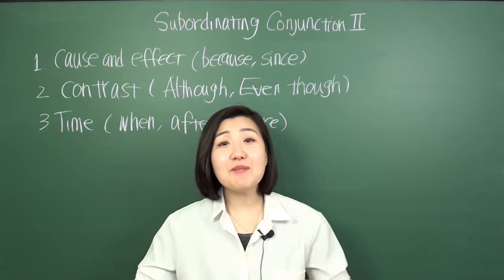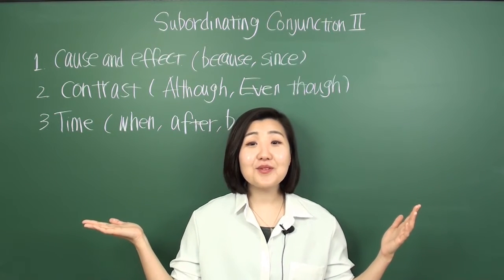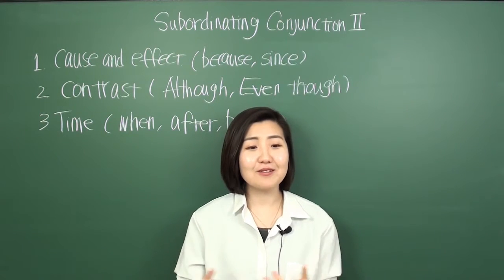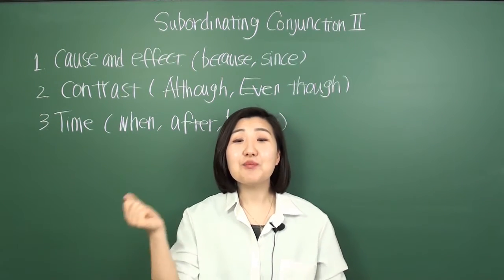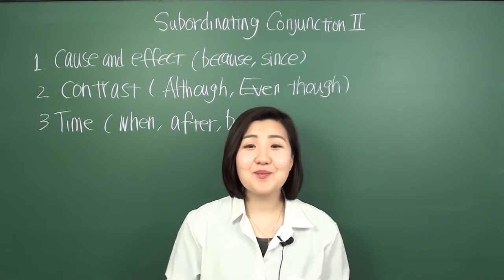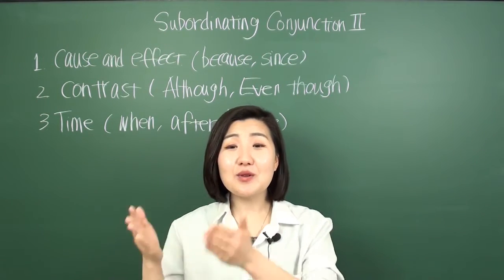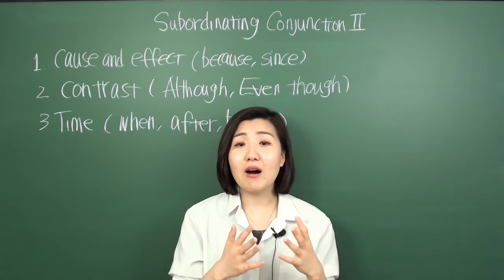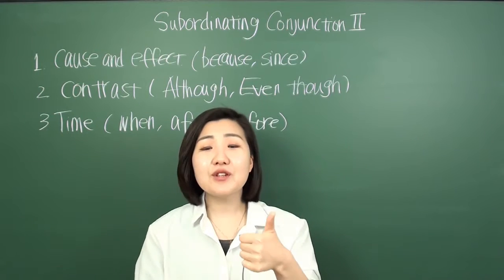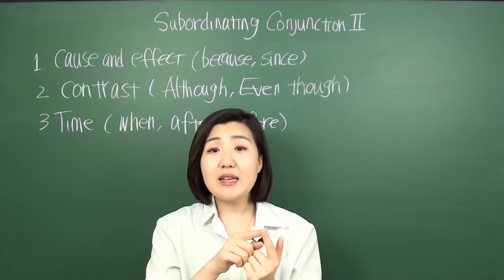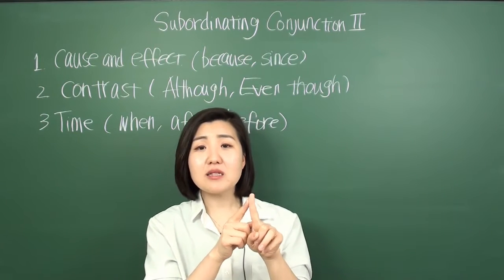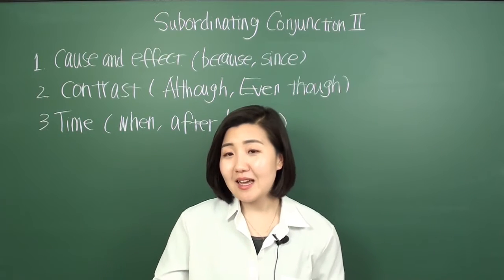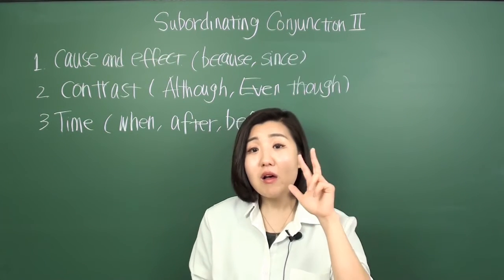Okay, after you eat your dinner, you must brush your teeth. Very easy one. Which one is the dependent clause or subordinate clause? After you eat dinner, right? And which one is the main clause or independent clause? You must brush your teeth, right? Okay, that's it.